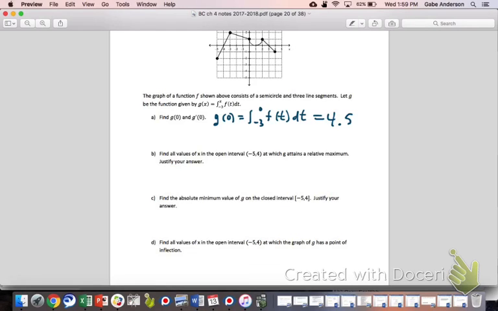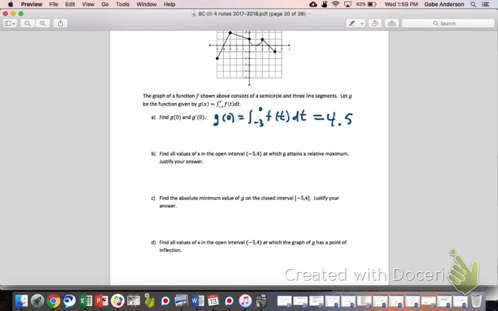So then if you're going to find g prime of 0, what do you have to find first? Yes, you have to use FTC2, but I'm speaking more in general. What do you have to find in the step before that? You have to find g prime of x first, right? So the ordering is you find g prime of x and then you plug in the 0.